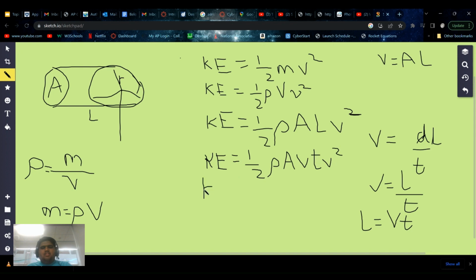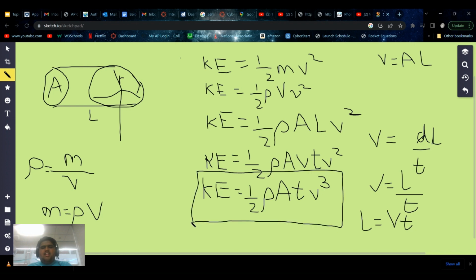So that's literally just 1/2 rho A T V cubed. That is your kinetic energy, the kinetic energy that the wind turbine will harness.